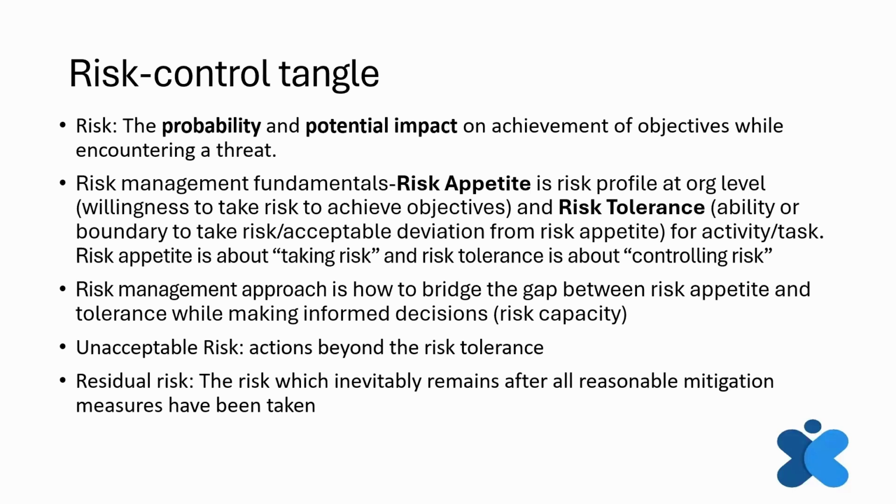Now, that amount that is acceptable will vary from decision to decision, and therefore risk tolerance is more specific to a task or an action. It is the amount of risk taking ability within the framework of internal controls. That's what it is.